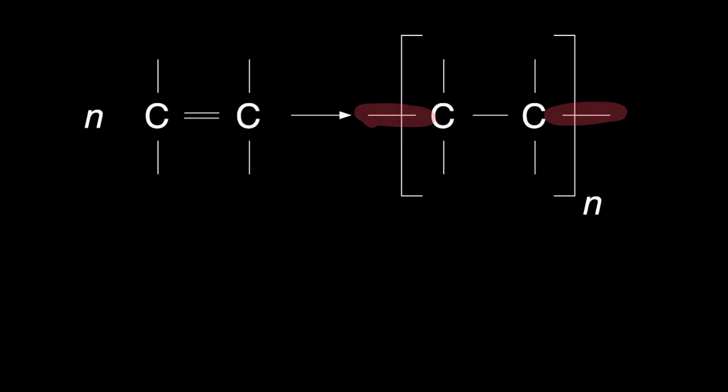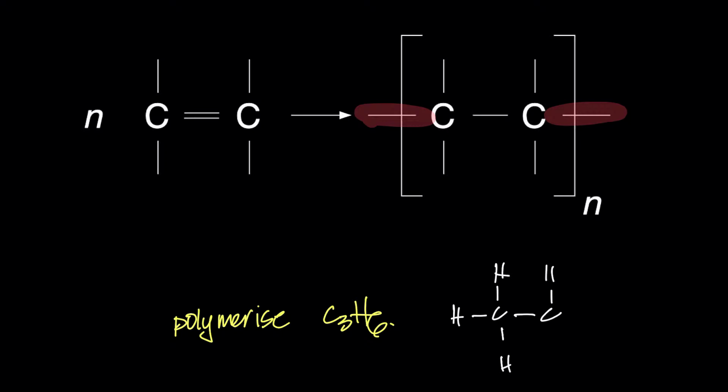So when they say, how about you polymerize propene, that's what I want to show you using this method. I want to polymerize propene, which is C3H6. Now how would I do that? It's an alkene. How do you know it's an alkene? Because this is the structure of propene right here.